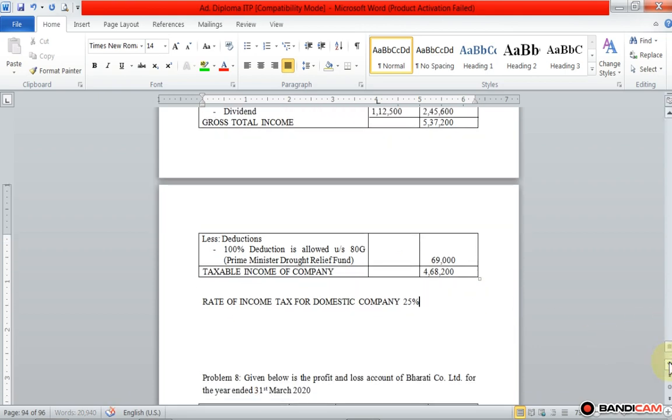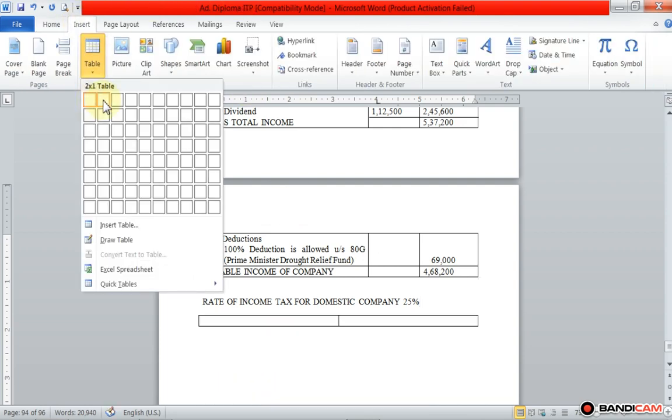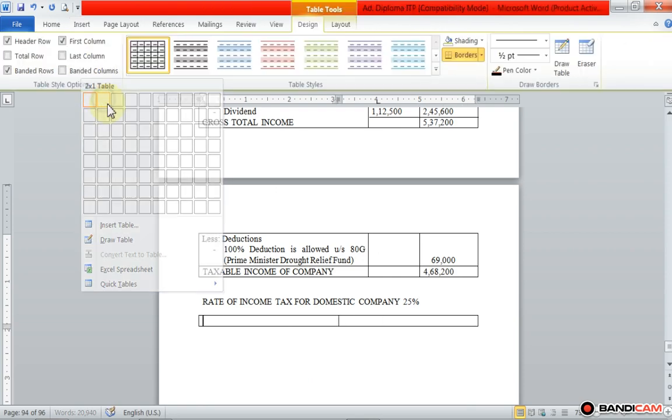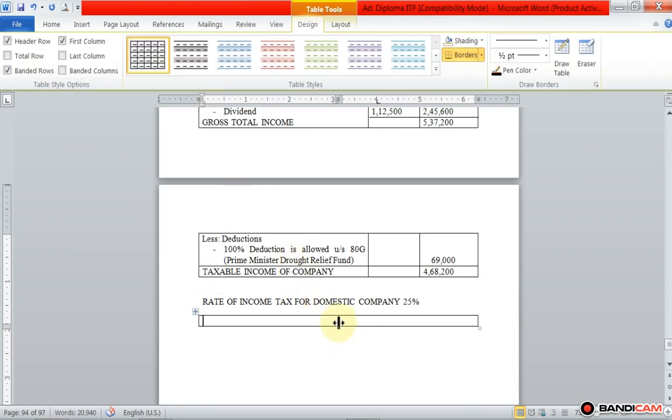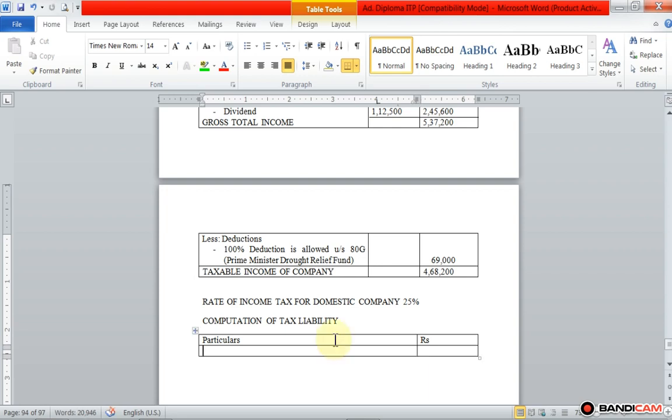So here we compute the income tax liability of the company. Computation of tax liability. Particulars, rupees.